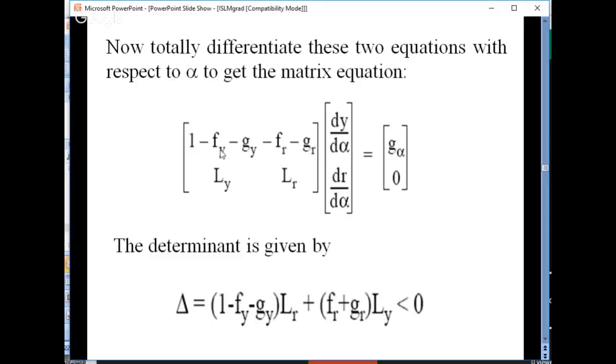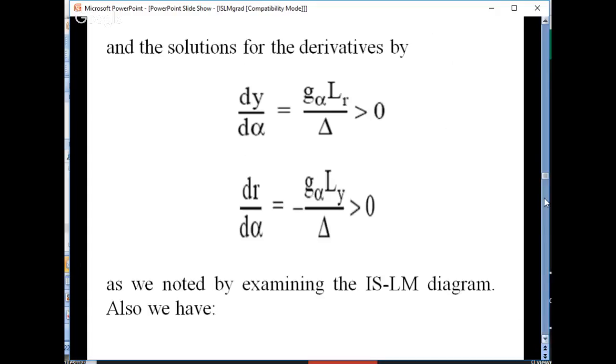I plug this in here, so I get g of alpha L of r minus 0 times negative f of r, minus negative f of r, which is 0. So I get change in y, change in alpha equal to g of alpha L of r. We know the determinant is negative. G of alpha is positive by assumption. L of r is negative. So we have a negative over negative, which means this is positive. So our shift parameter for income is positive.